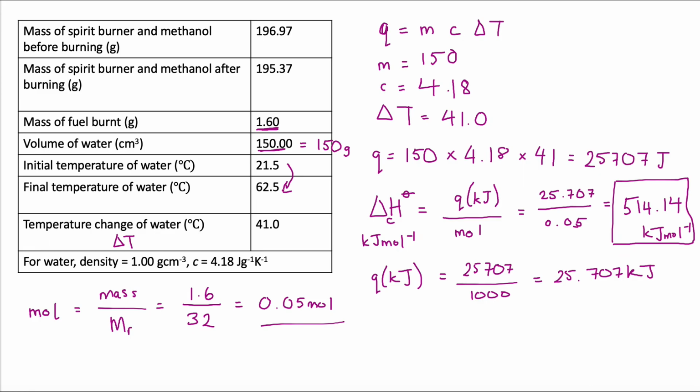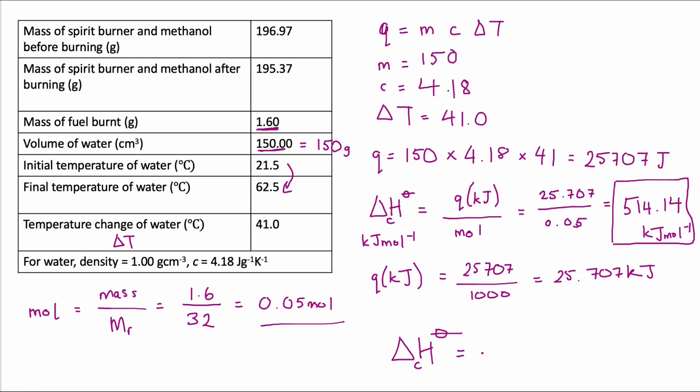Okay, and as we know, the delta H for an exothermic reaction should be negative, so we have to now decide that sign. As we know, combustion reactions are always going to be negative, so that should be fairly straightforward. But just by looking at the temperature change, we can see it was a hot reaction and therefore exothermic.